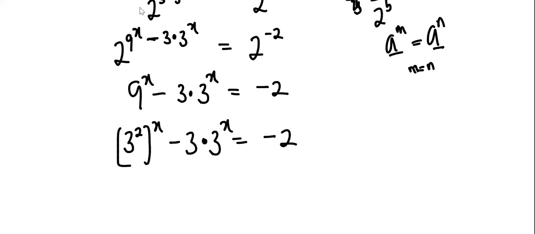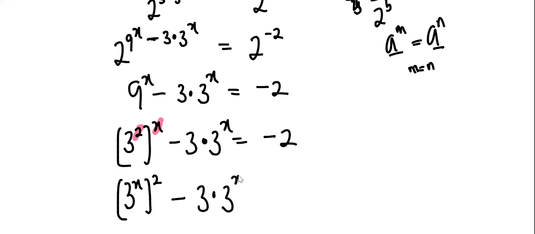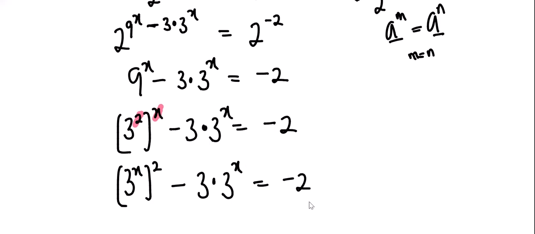From here, I can switch the 2 and the x, so that is 3^x squared, which is also correct using the rule of indices. And here I'm going to have 3 times 3^x equals negative 2.